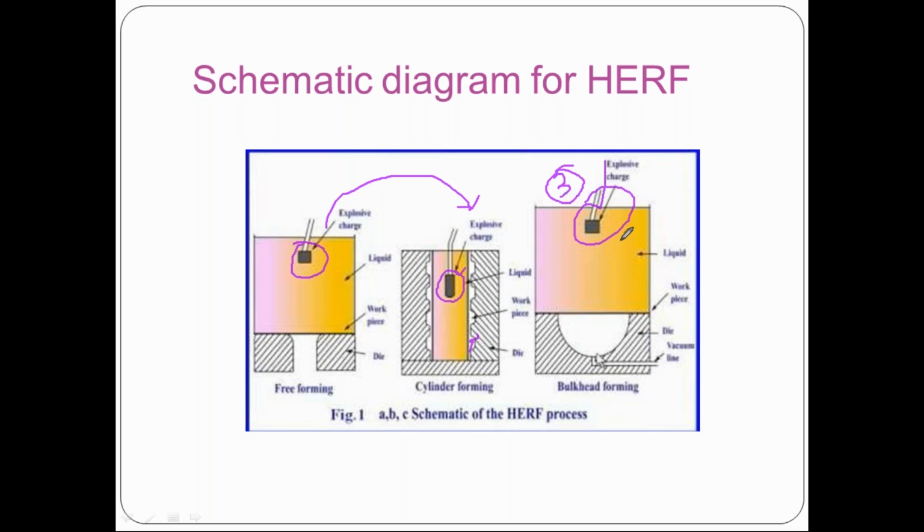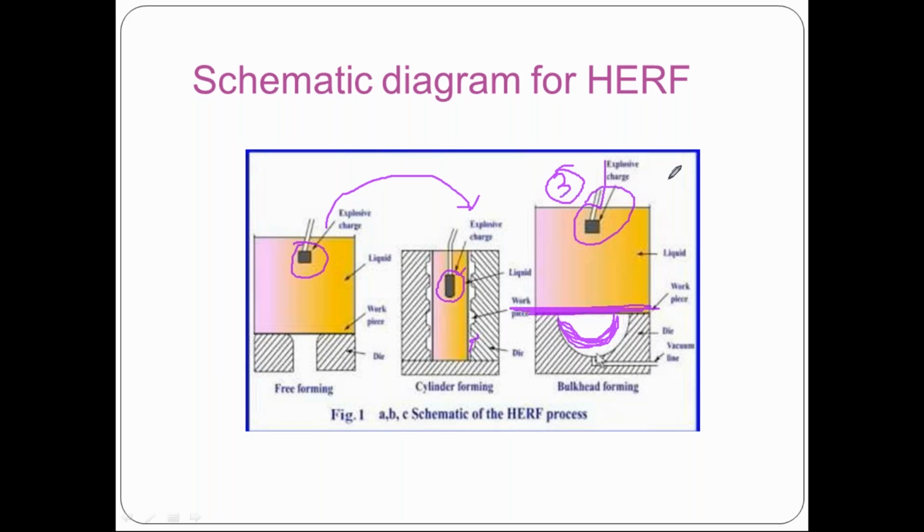After the setup, this explosive is charged so that it can burst, and because of that high rate of energy, this highlighted part, the workpiece sheet metal, gets shaped like a die. Okay, so basically the driving force is the explosive, and ultimately it is the high energy rate forming of the material.